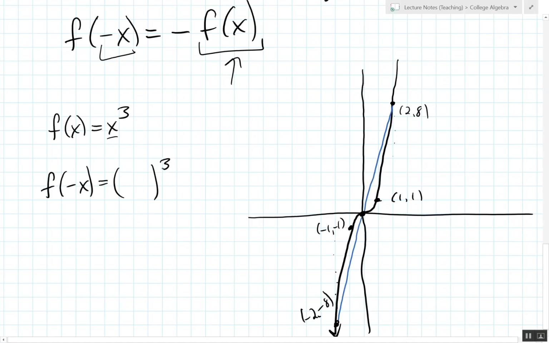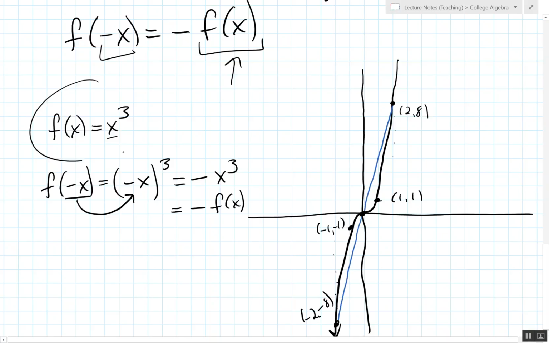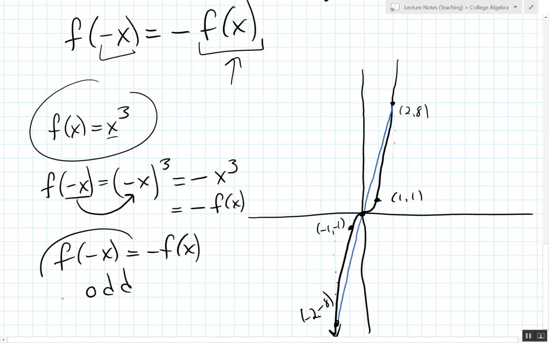The cube goes outside the parentheses, and what's inside this one goes inside that one. Since we have 3 negatives, we'll still have a negative x cubed, and this will be negative the original definition here. So we've shown that f of negative x equals negative f of x, which means that this is an odd function.